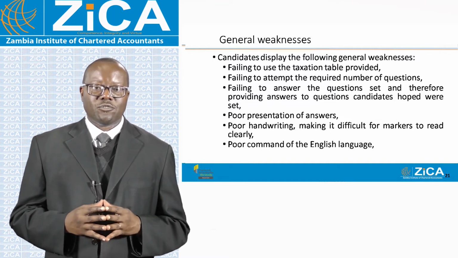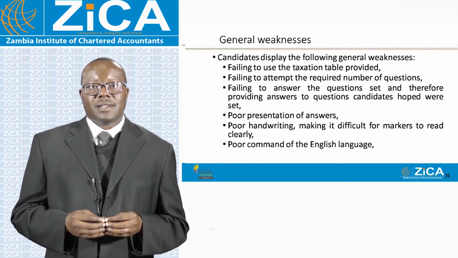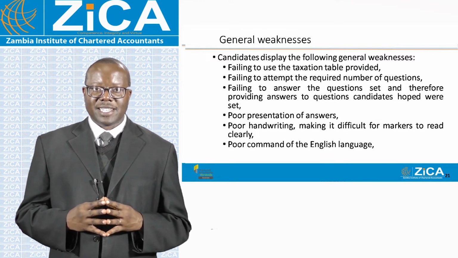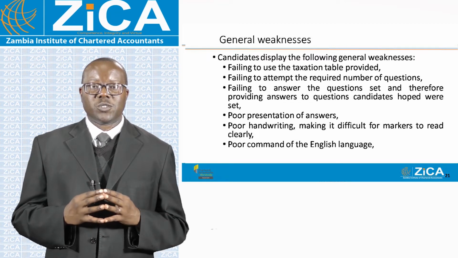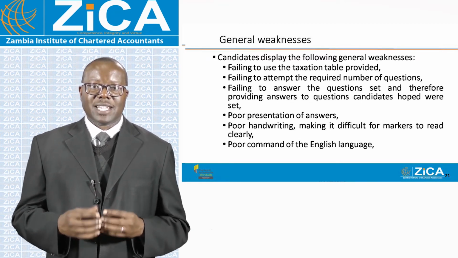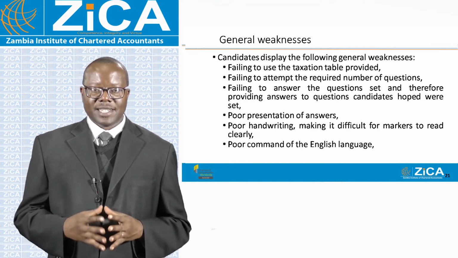Number 5, poor handwriting. When the handwriting is poor in such a manner that markers find it difficult to read, then awarding of marks becomes a challenge.